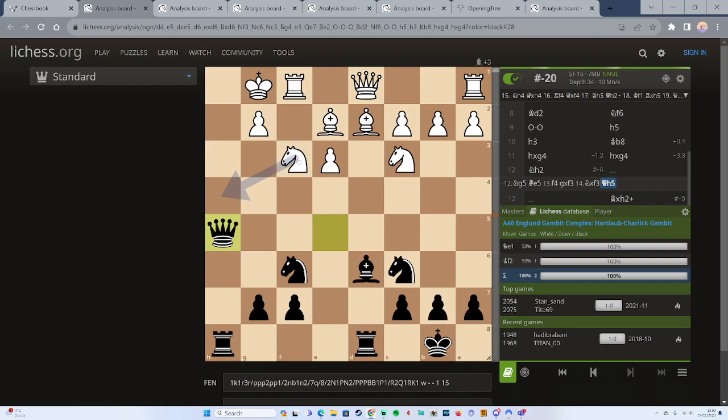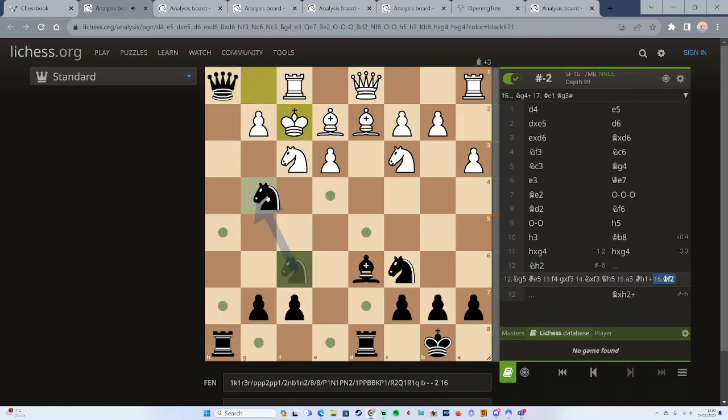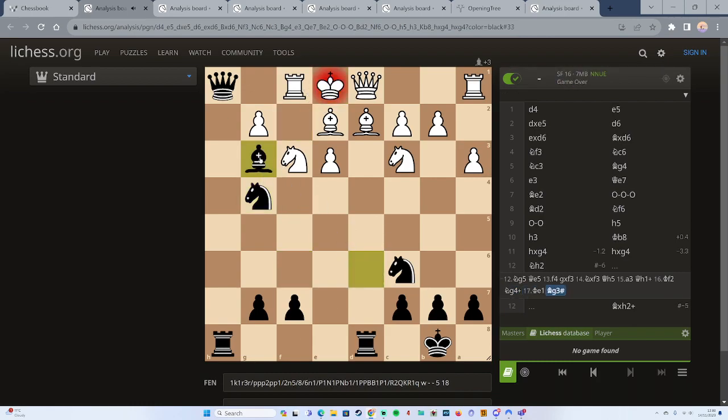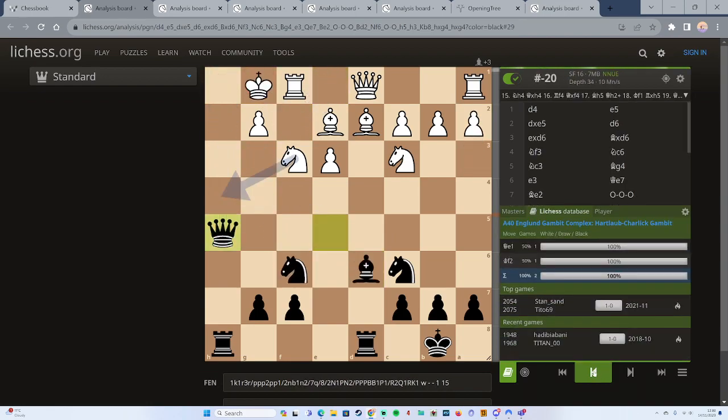You're just giving the knight away? Because what I need to do now is, how do we stop the king from escaping here? Let's just say he does a nothing move. Then it's check here, check here, checkmate. Interesting.